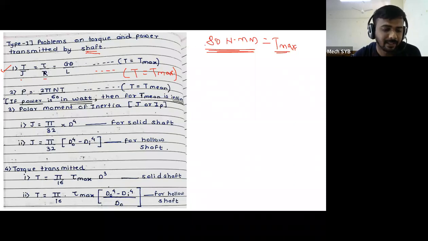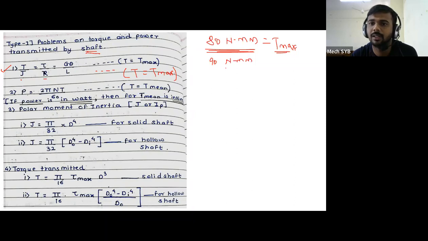Less than 80, that is 79, 75, 60, 5, 10, any value that shaft can transmit. But if your torque value exceeds the limit of 80, suppose it is transmitting a torque of 90 Newton mm, it will exceed the limit of the shaft and there is a possibility of failure.